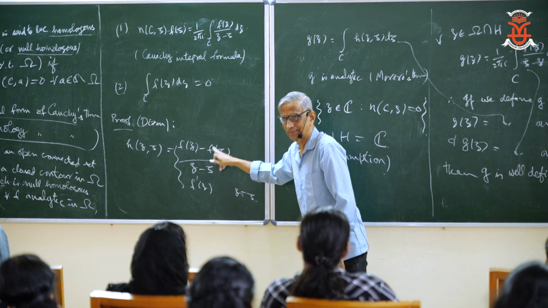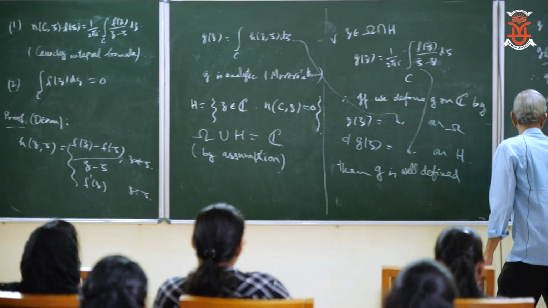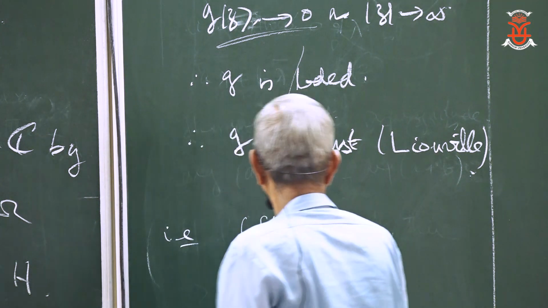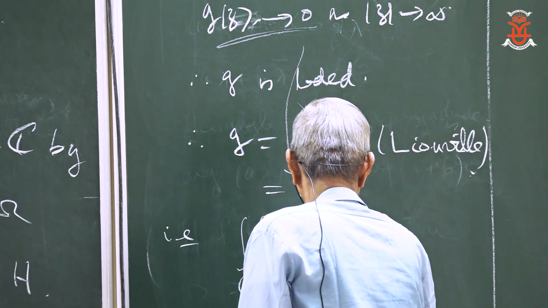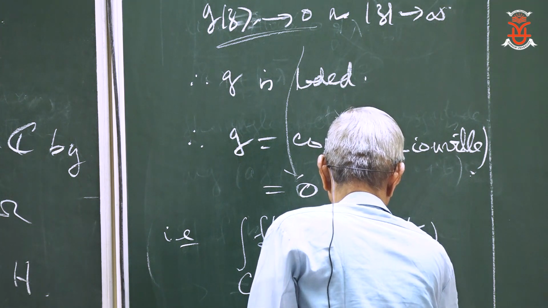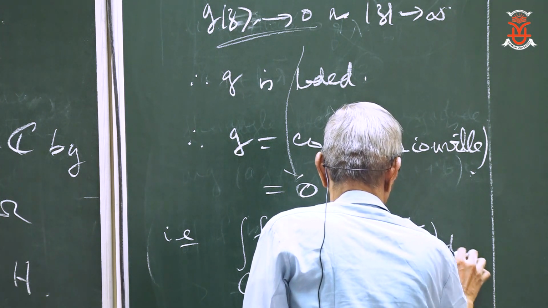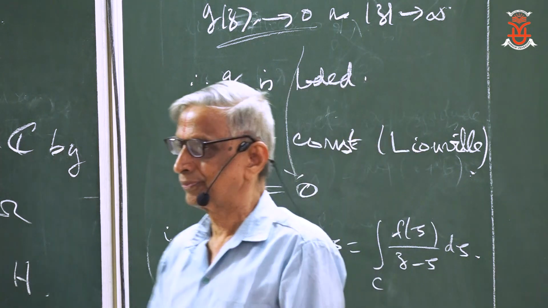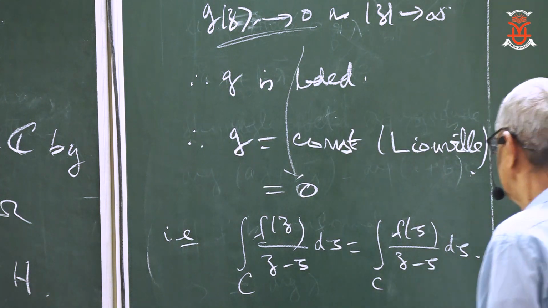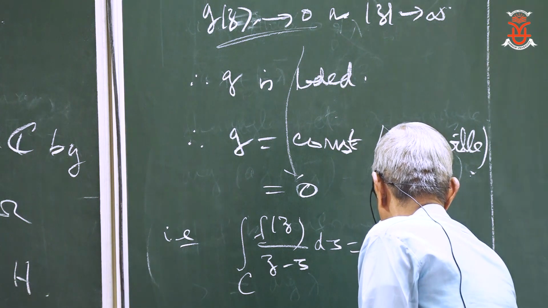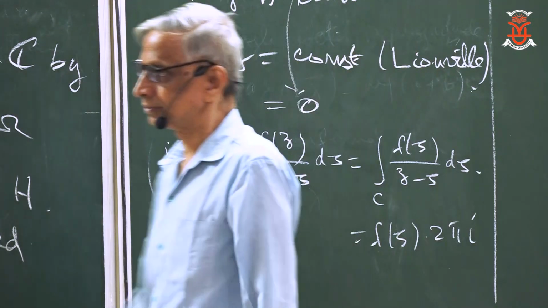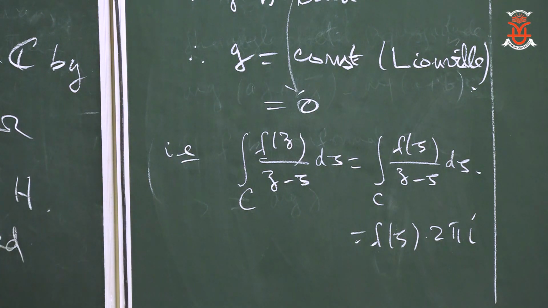This divided by this minus this divided by this. F z times the index.